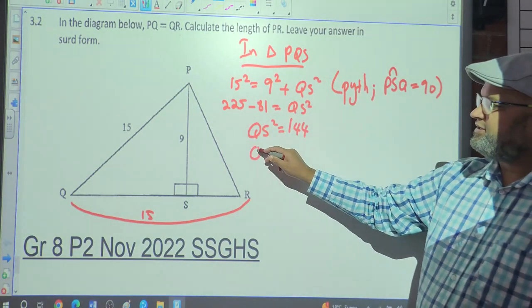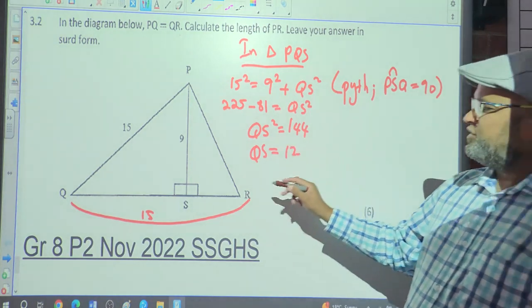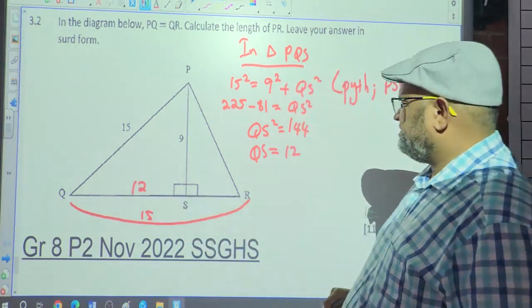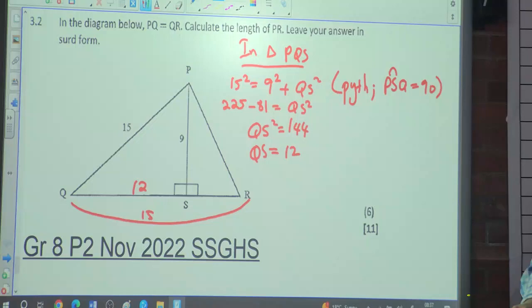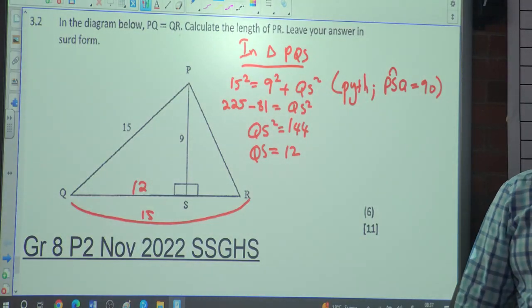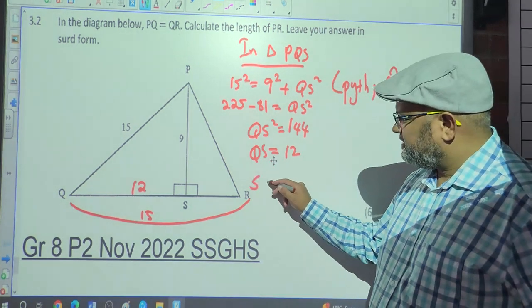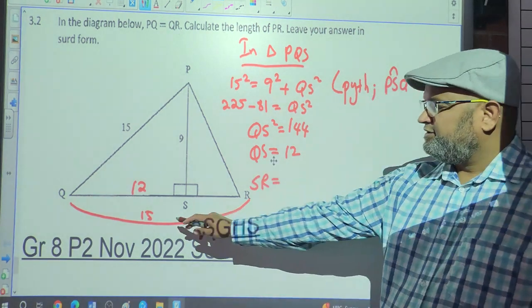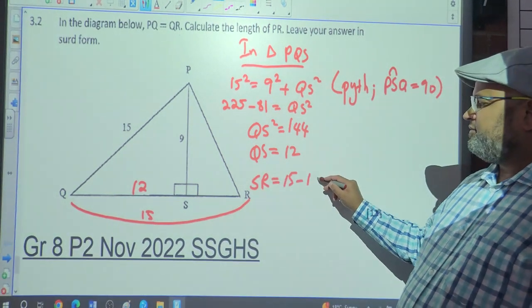The square root of that is 12, so QS is 12. Now what? SR I can work out at this point. So SR is equal to 15 minus 12.